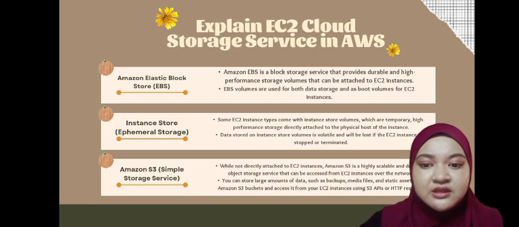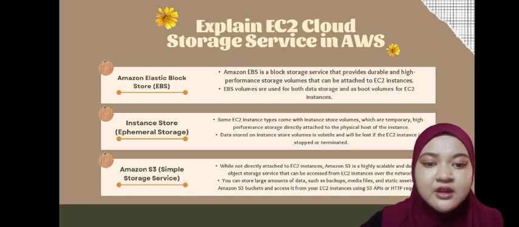Number 2 is instance storage, or ephemeral storage. Some EC2 instance types come with instance storage volumes, which are temporary high-performance storage directly attached to the physical host of the instance.